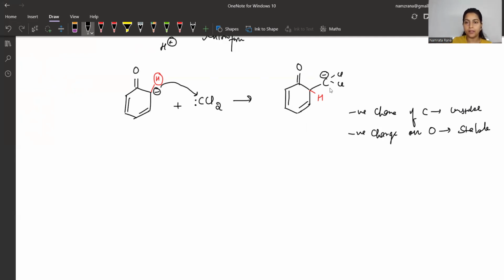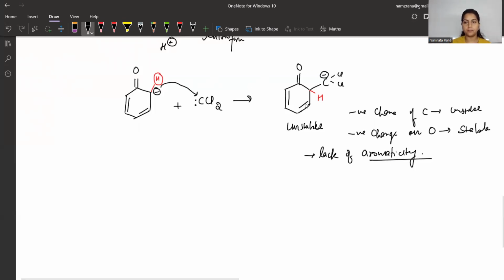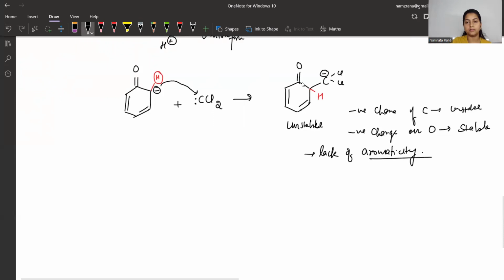So this species is unstable. Another reason for the instability of this species is lack of aromaticity. See, there is no aromatic character in this ring.